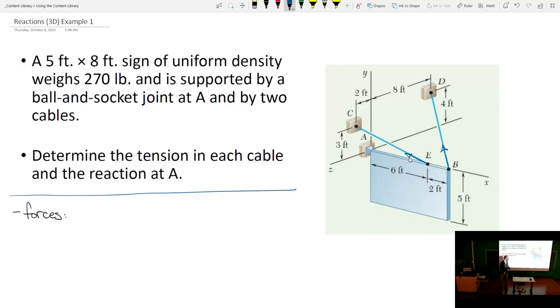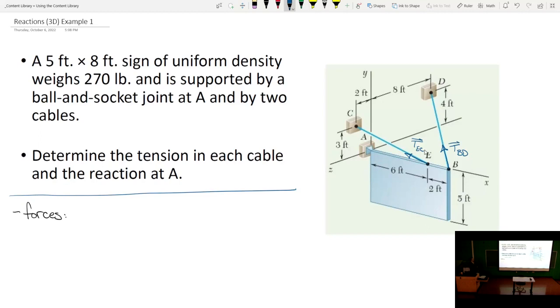The sign wants to fall down. The cables are holding the sign up, so we're going to have a tensile force here. We'll call this TBD. We'll call this tensile force right here EC.